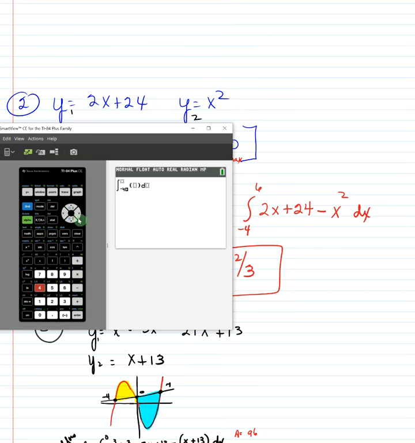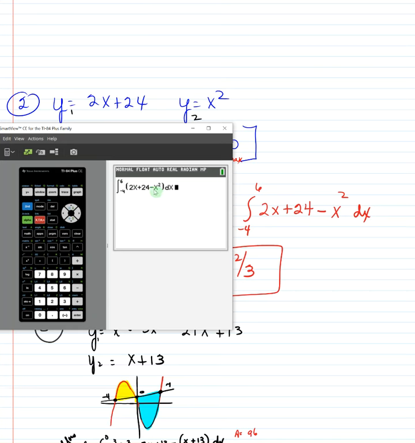And then we'll hit our arrow. And we'll put 6 there. And then we're going to put this whole line in that box. So that'll be 2x plus 24 minus x squared. And then we'll go out and put our x there. So we have just copied this into here.